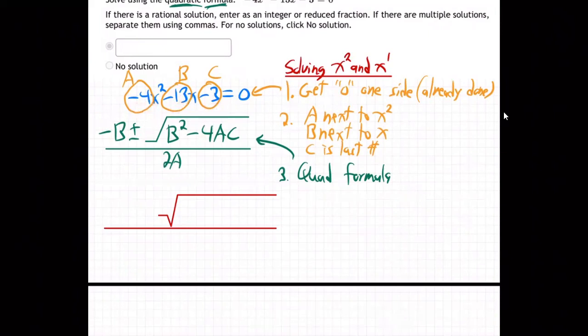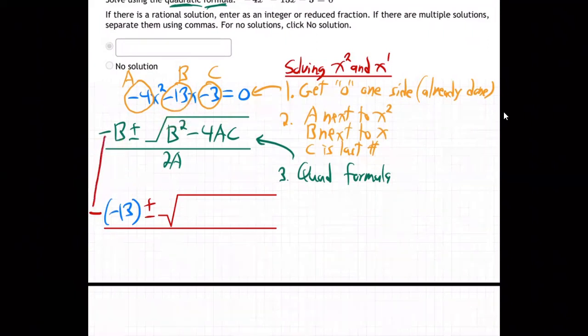It's going to be negative, and then I'll plug in B. B is what? Negative 13. Plus or minus. Everybody see that right there? There's the negative that was already there from the formula, and then B itself is negative 13. It says so right here, doesn't it? So that double negative on the next step will become positive 13, won't it? Does everybody see that?